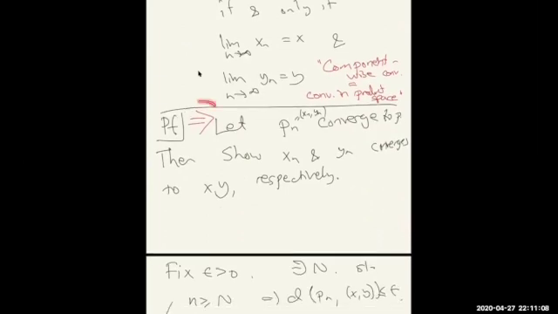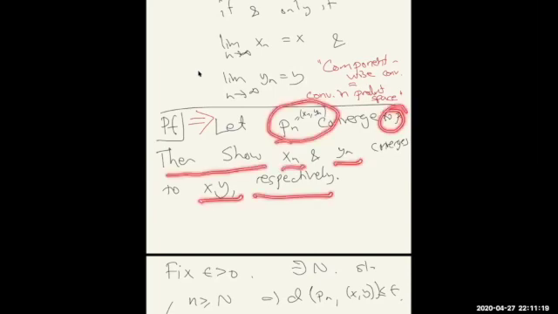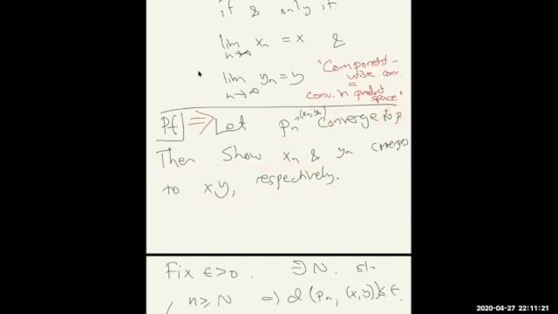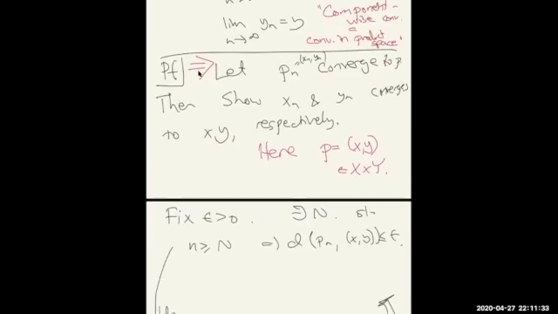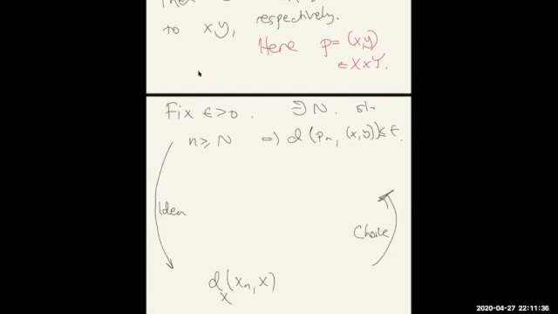Okay, so for this implication, we set it up by stating the assumption. So suppose that Pn converges to P, then we want to show that the Xn and Yn converge to X and Y respectively. And I should add here, P is equal to (X, Y), a point in the product space. So that defines what X and Y are. You could do that before that statement if you wanted to be cleaner.